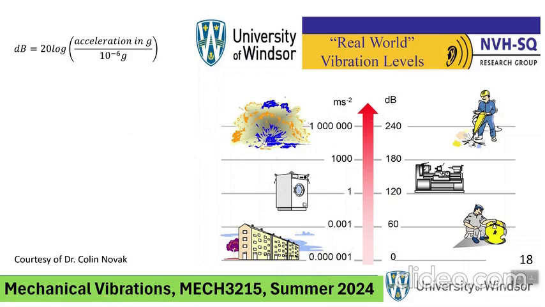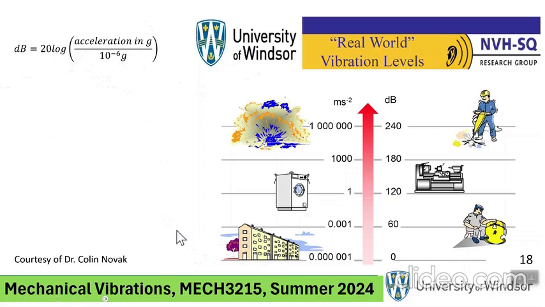And we can define a decibel scale associated with these events. One way of doing it is, for example, 20 log of acceleration in g of the event that you're interested in, divided by acceleration in g of some reference situation. If we take the reference situation to be the very bottom case on the left side, then it's 10 to the minus 6 g.